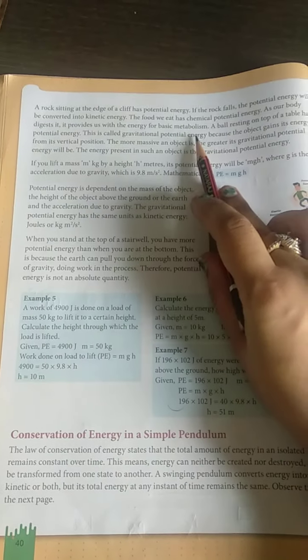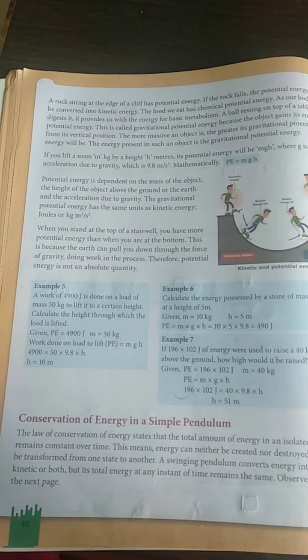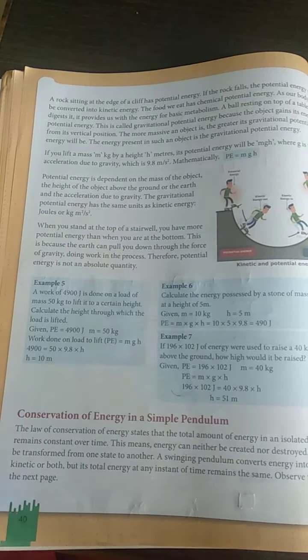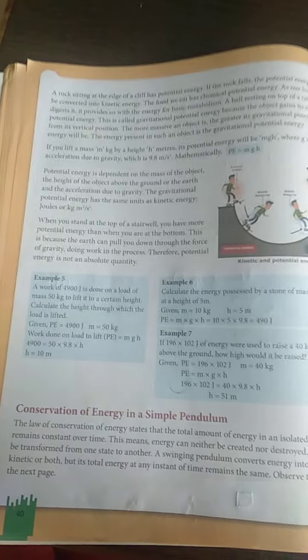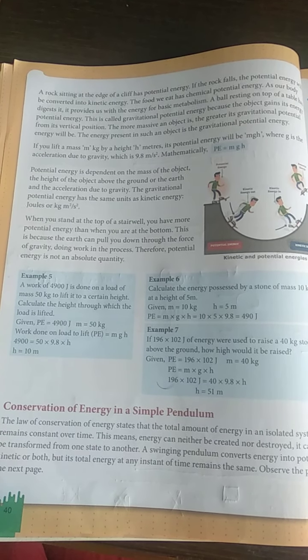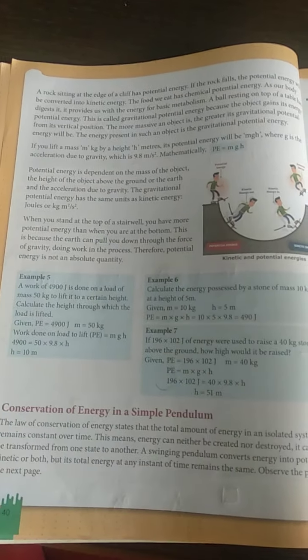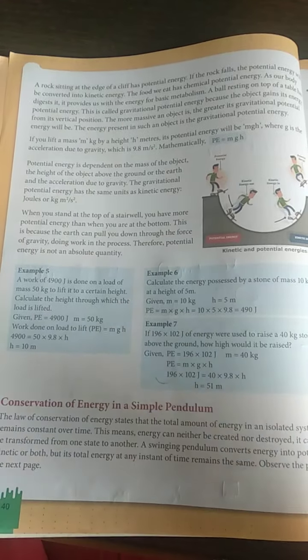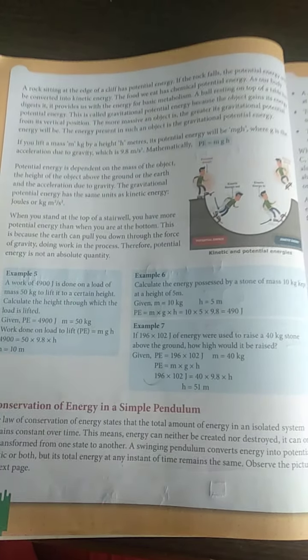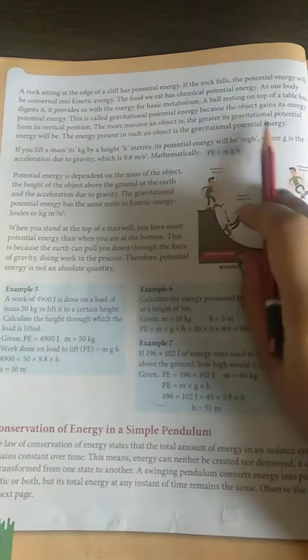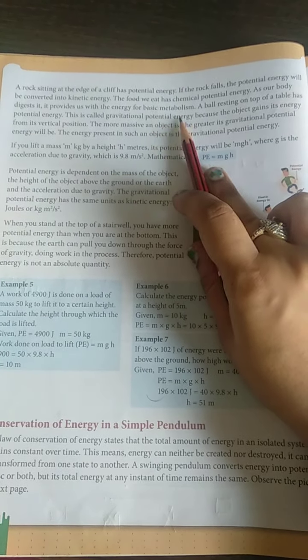That potential energy is converted into kinetic energy to do work. When we are working, the potential energy our body has gets converted into kinetic energy, because now we are doing something and using that energy.